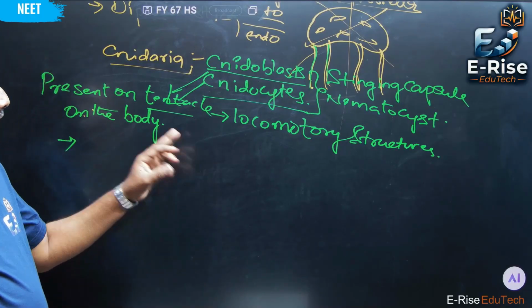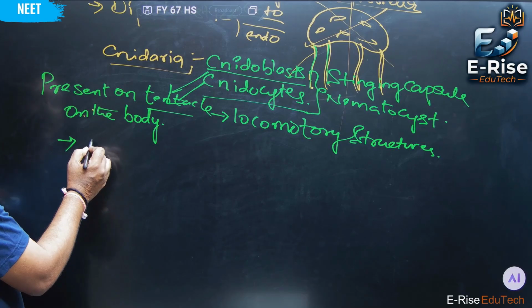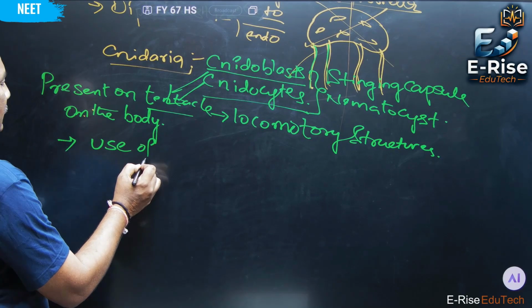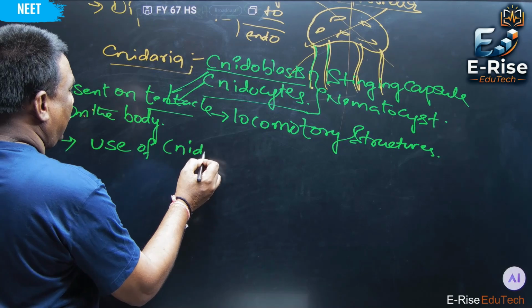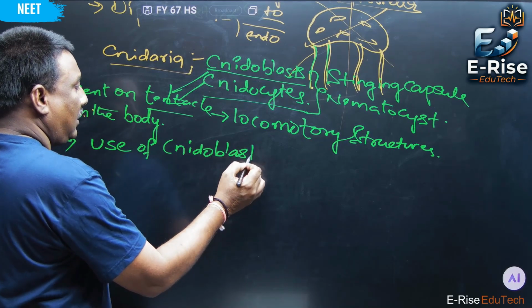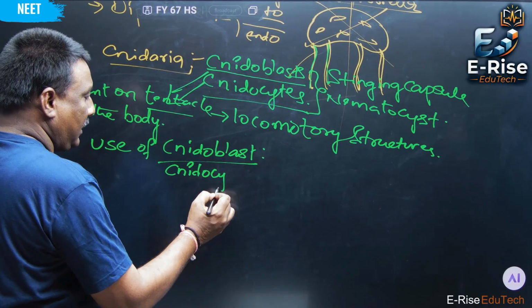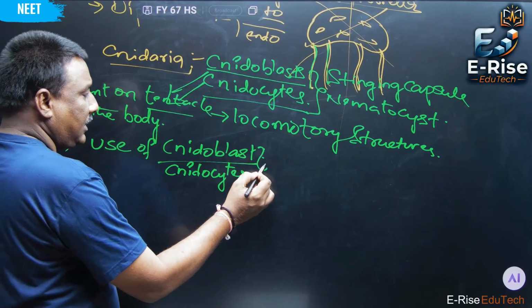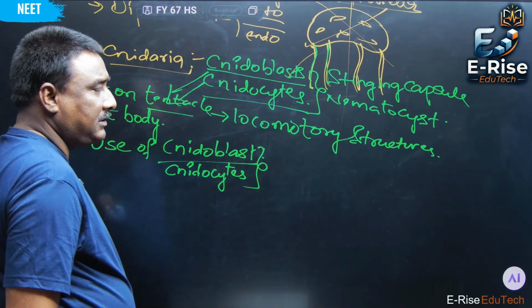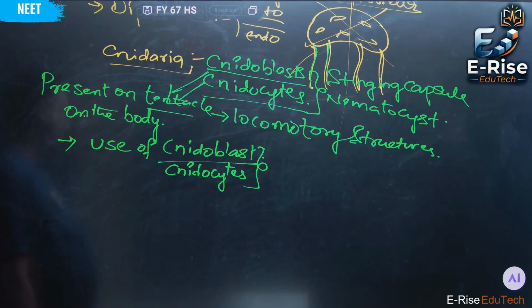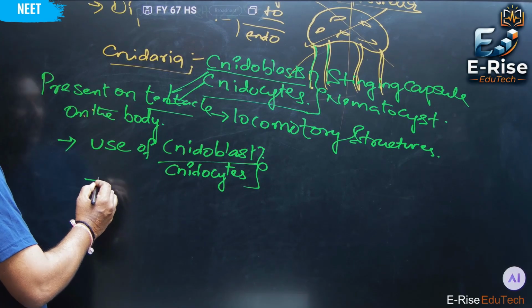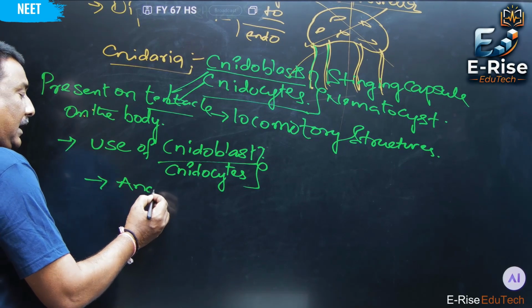What is the use of cnidoblasts or cnidocytes? They are useful for anchorage, defense and capture of prey. One use is anchorage.